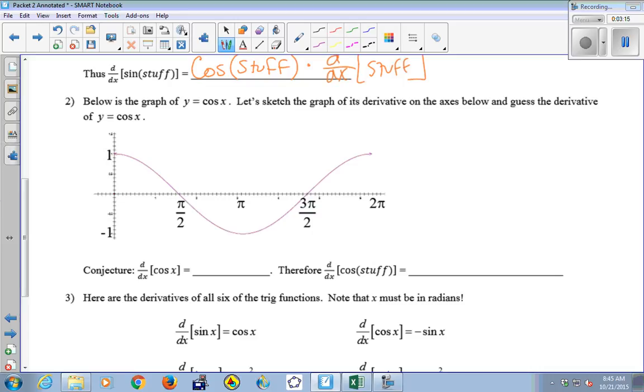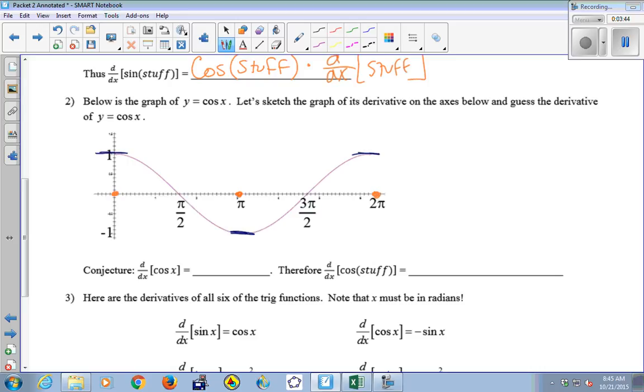So where is the derivative of cosine equal to 0? Zero, pi, and 2 pi. I've got horizontal tangent lines at 0, pi, and 2 pi. Okay, so I'm going to put zeros for my derivative at those x values.